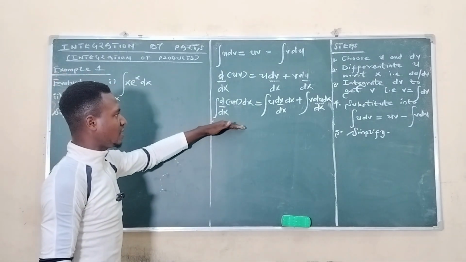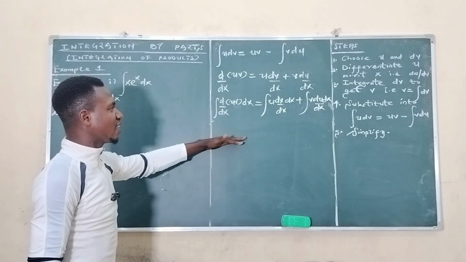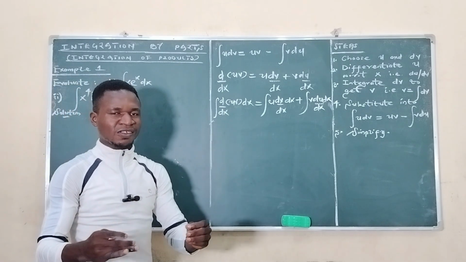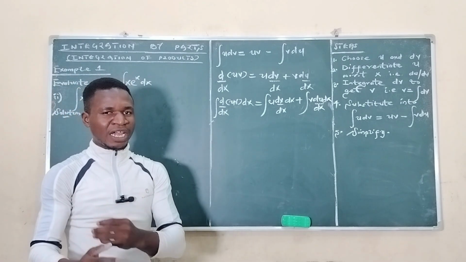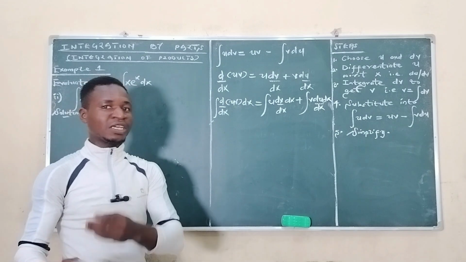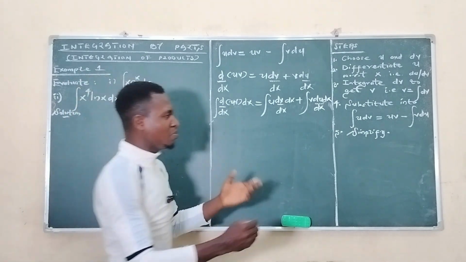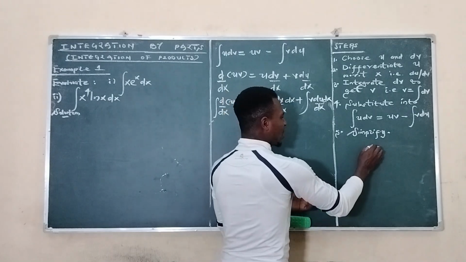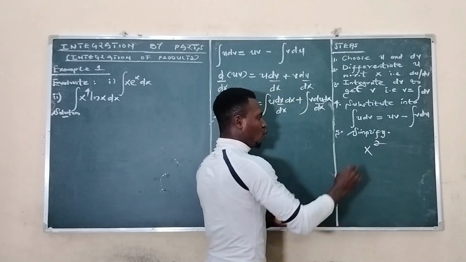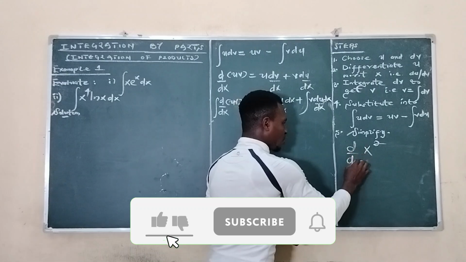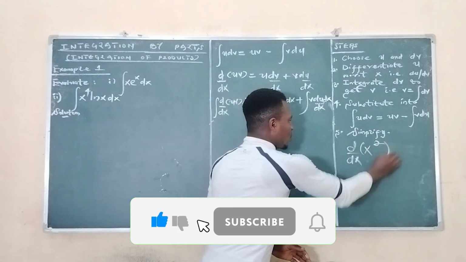From the left hand side, take note that the left hand side is the integral of a given derivative. So what you're having here is the opposites of each other. You are integrating a derivative. If you integrate a derivative, you get back the original function. So what that simply means is that, suppose we have x raised to the power of 2. When you differentiate this function, what do we get?